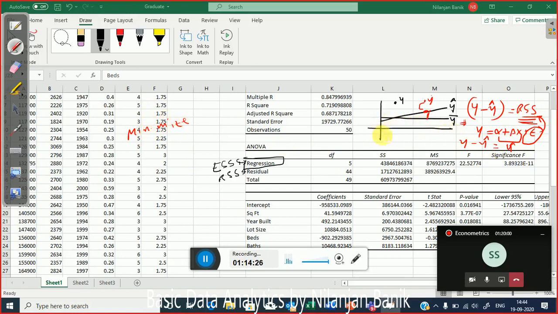Now this is called the regression, the explained sum of square. Explained why? Because I am adding a few independent variables using which I am trying to minimize my forecast error.